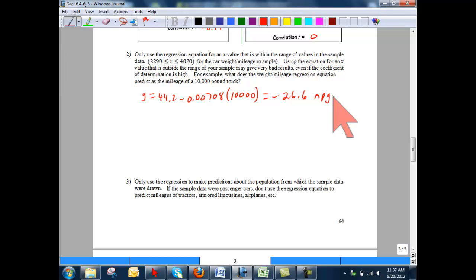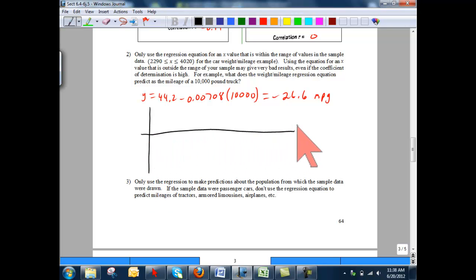I don't know if that means that every so often you have to stop and drain gas out of the tank, or whether it means the longer you drive, the farther away you get from where you really want to go. Or anyway, it's a nonsense number, and we need to be aware of the possibility that this type of thing might happen. So why does it happen?